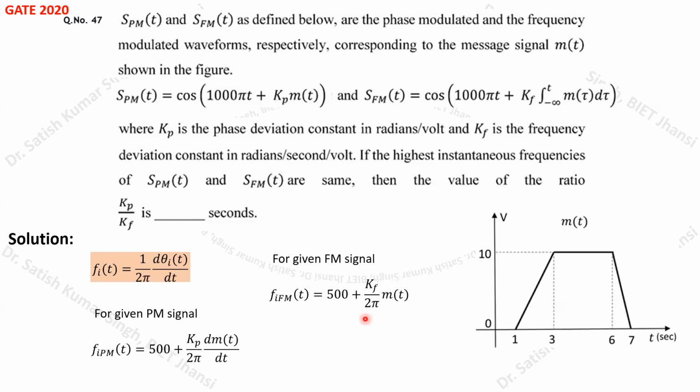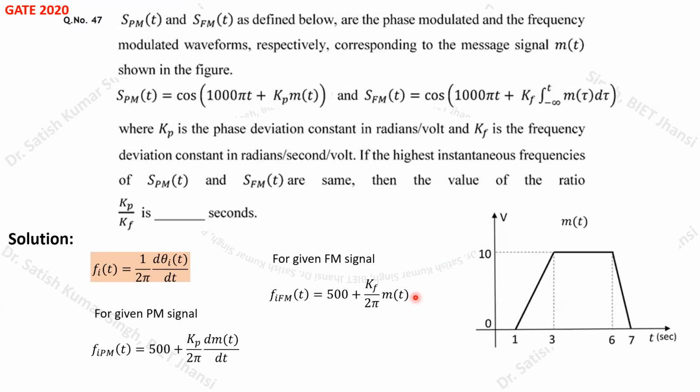Now, if we wish to find the highest instantaneous frequency for the FM signal, it depends directly on the highest magnitude of the message signal. If you look at this waveform, the m(t) signal has this particular shape and its maximum value is 10 volts.